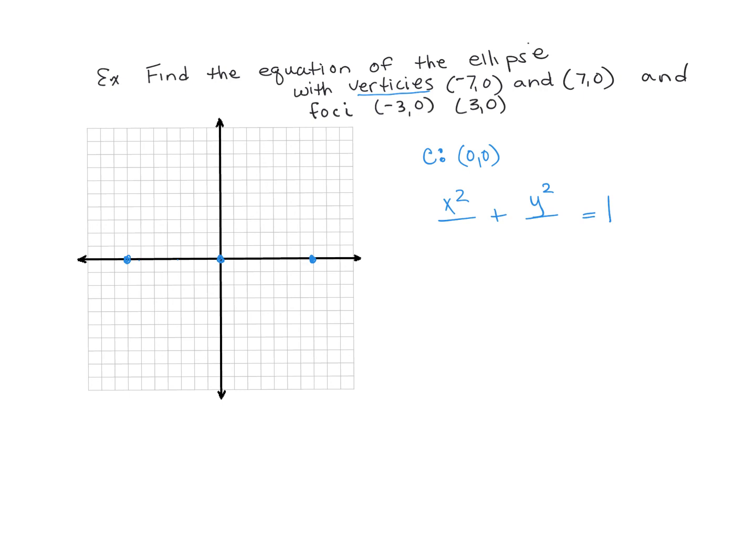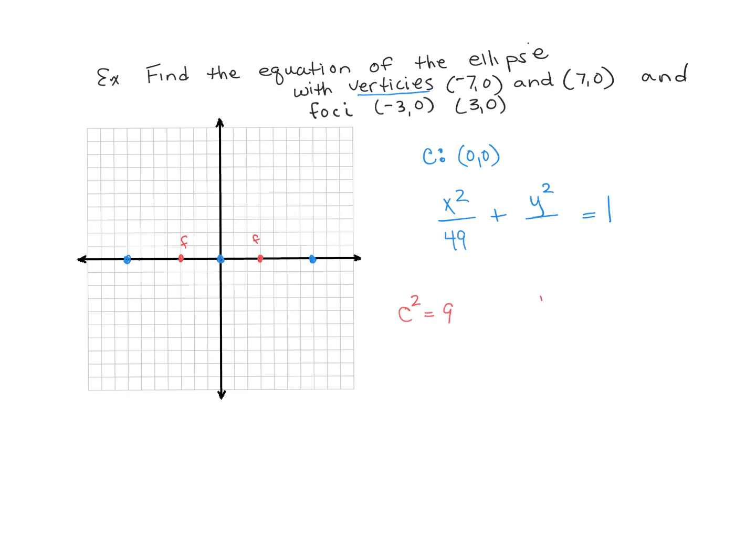So underneath the x, since we've gone 7 in each direction, we get 7 squared, or 49. It's not so clear on the y squared. So if we have (3, 0) and (negative 3, 0) as our foci, then c squared would be 3 squared, or 9.